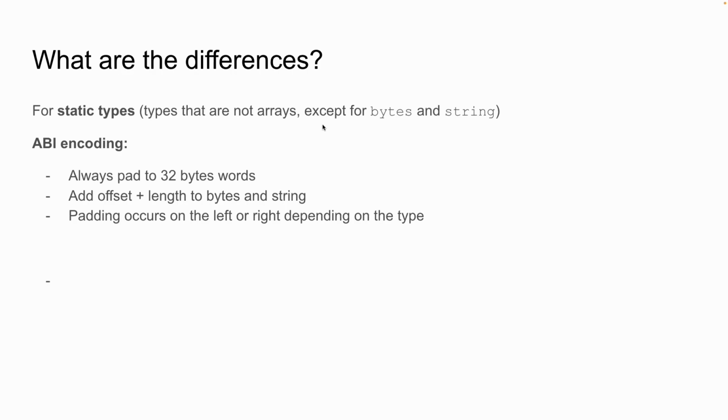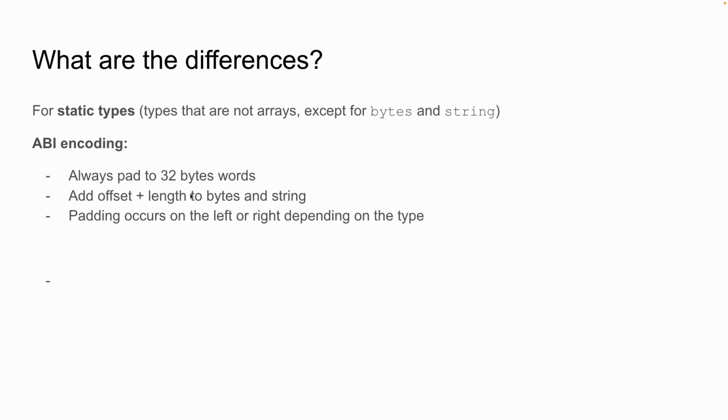So first of all, the main difference for static types, if you compare both ABI and LSP2, is the following. The ABI encoding format always, for any static type, regardless of how long they are, whether it's a small unsigned integer like a uint8 or a big unsigned integer like a uint256, will pad to 32 bytes when you ABI encode it.